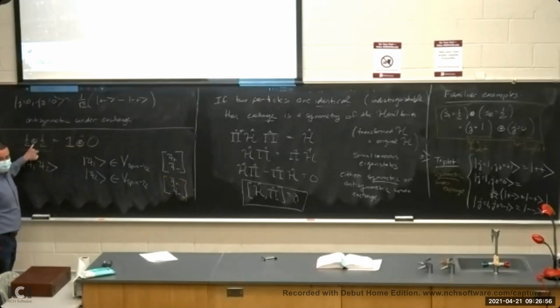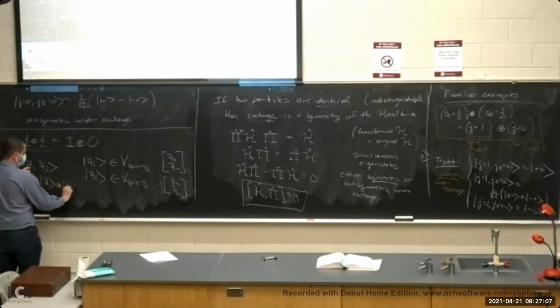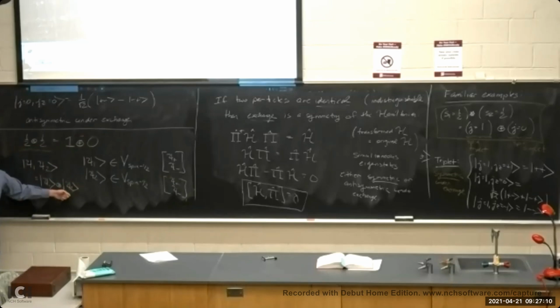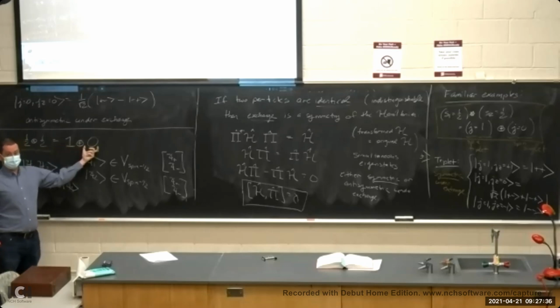So this cross product notation here means that this two-particle state is separable into a single particle state in a particular vector space for the first guy, and independently specifying the single particle space for the second guy. So if the first particle lives in the space of spin 1/2 particles, the second guy lives in a separate copy of the same space, then the combination of the two, the vector space that I make out of one guy from this space and one guy from that space, can be decomposed into one vector space of total angular momentum 1, and another independent vector space of total angular momentum 0.